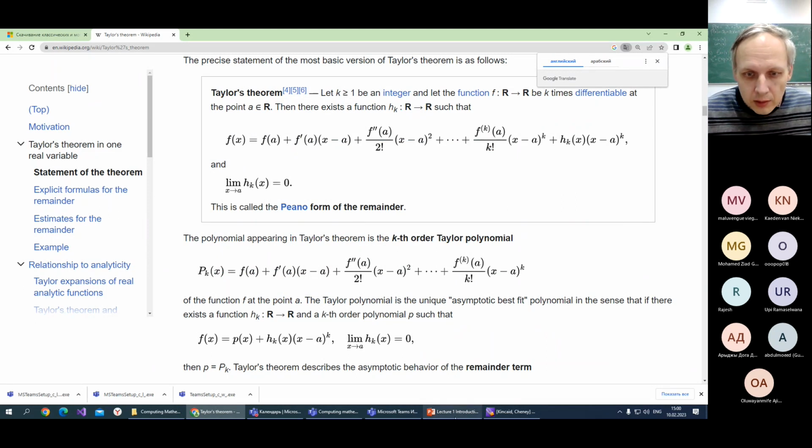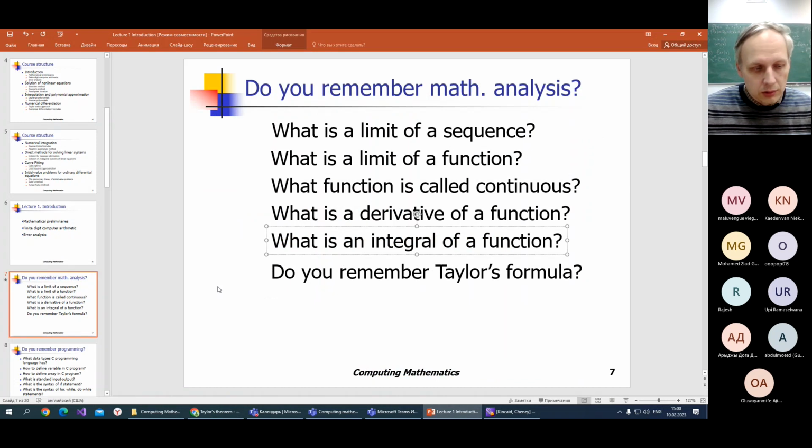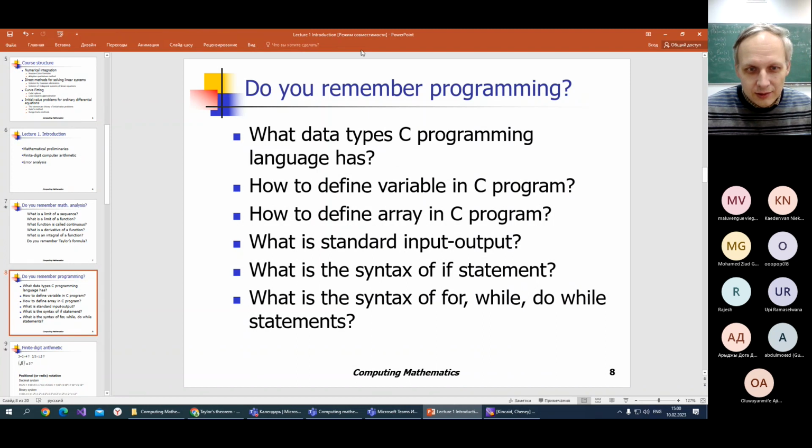Well, we consider all mathematical preliminaries, and I just show you this slide with these questions, and I ask you to review some points from programming. Loops, arrays, statements, data types.